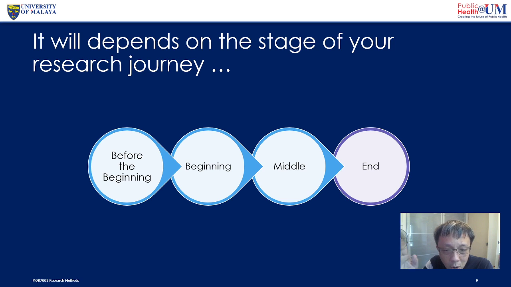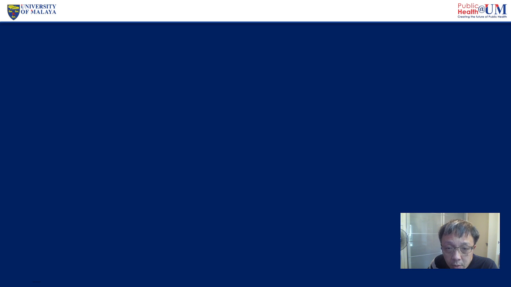You have to do it all the time so that you improve your knowledge and improve the thing you're doing. Before the beginning, you do it for a certain purpose. At the beginning, you still have a certain purpose. And in the middle and at the end, you do it for a certain purpose. Yes, literature review is a process. It's not just an outcome.